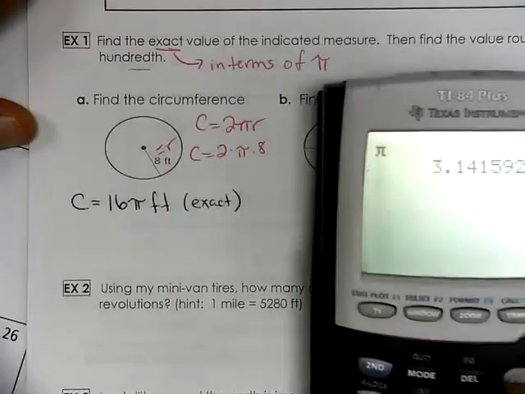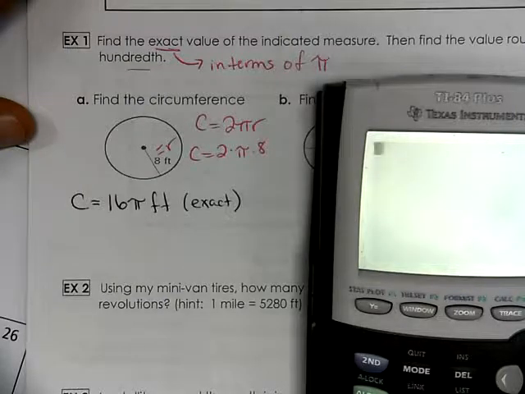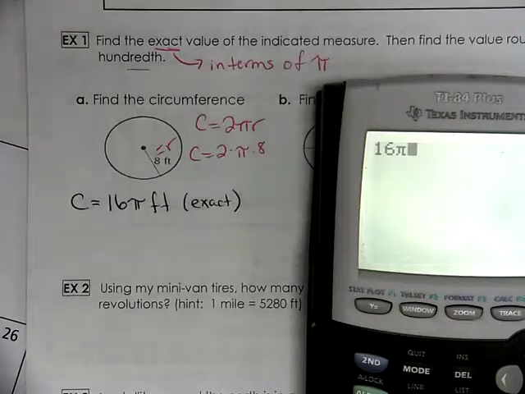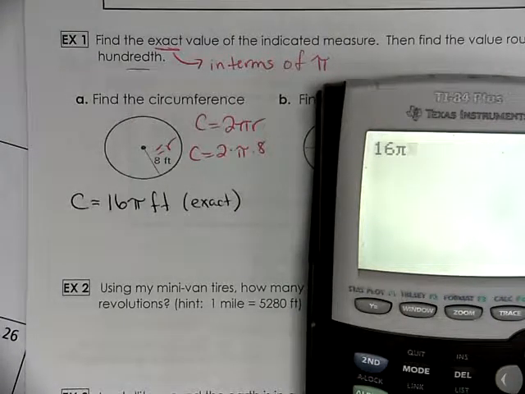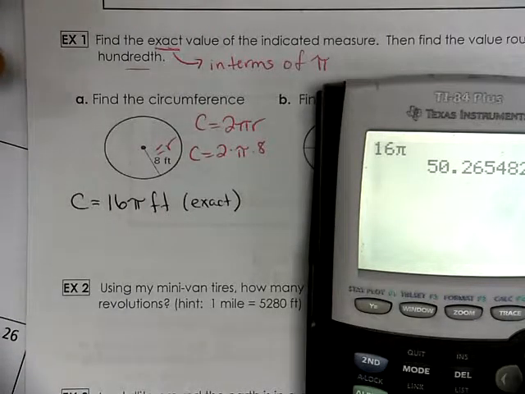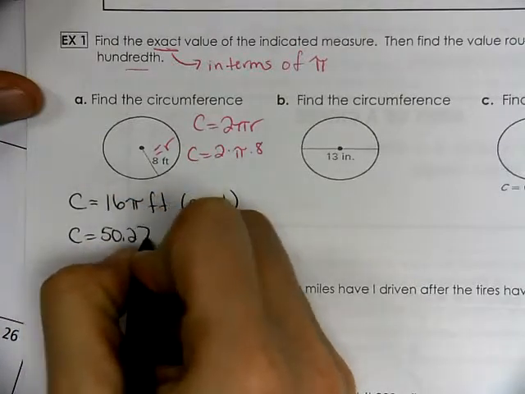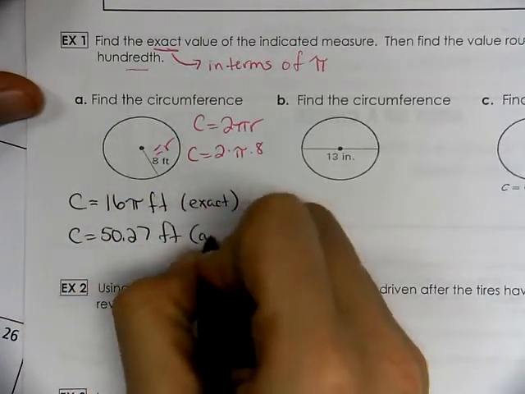The rounded answer, do 16 times pi in your calculator. You can just hit 3.14 if you don't have a pi button. 50.27. That's our approximate.